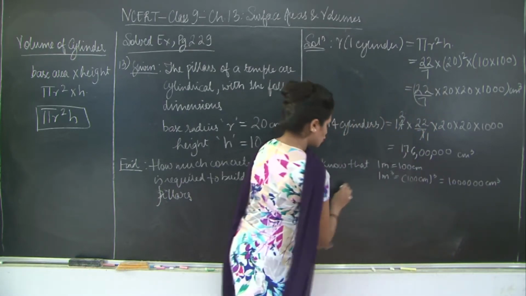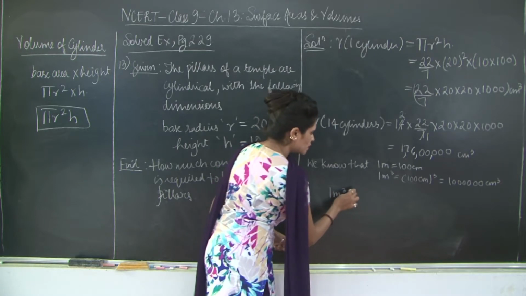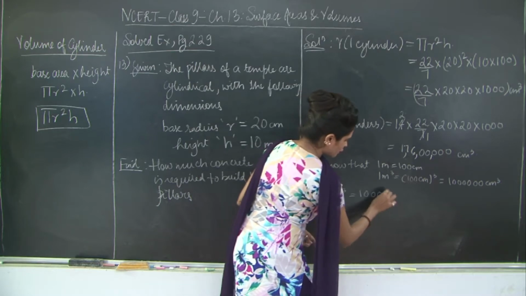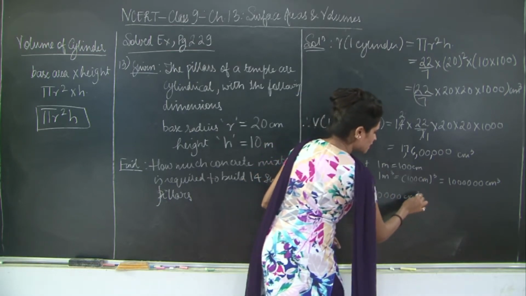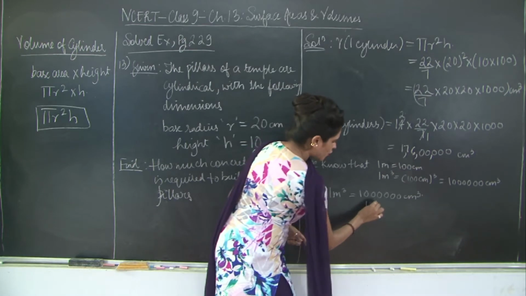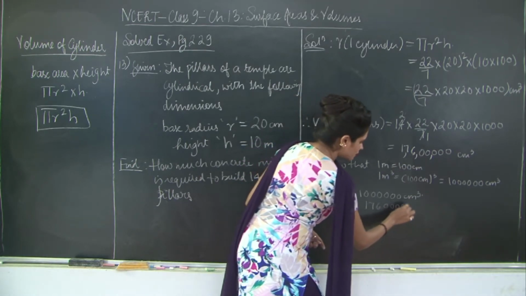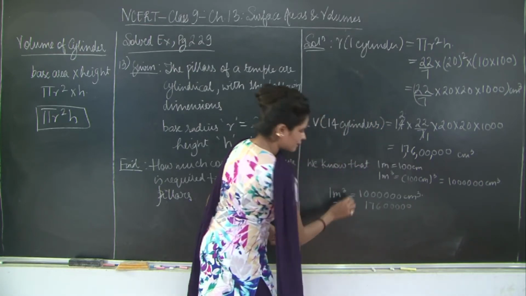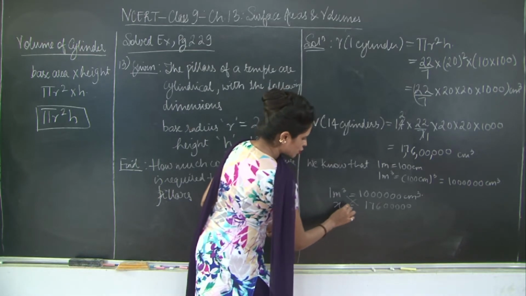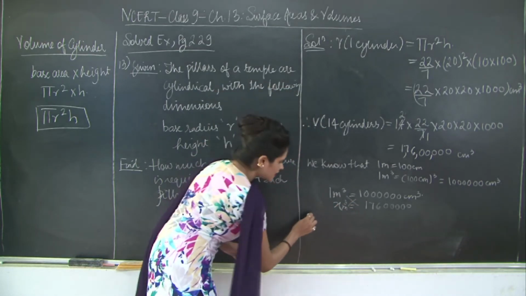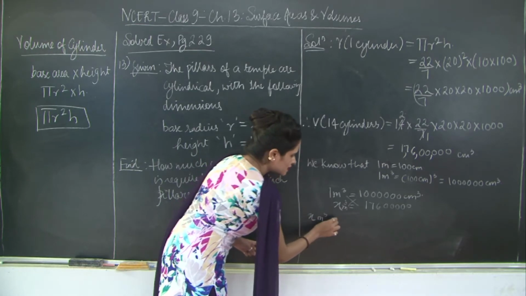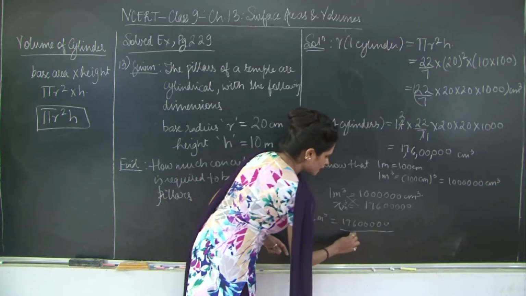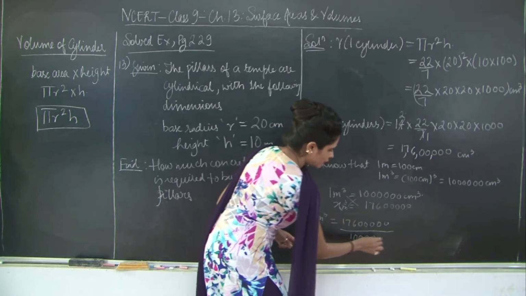So now I'm going to use the unitary method. 1 meter cube is equal to 1, 2, 3, 4, 5, 6 centimeter cubes. Therefore this number, 176 and 5 zeros, is equal to x meter cube. Let's cross multiply. So x meter cube is equal to 176 and 5 zeros divided by 1, 2, 3, 4, 5, 6.